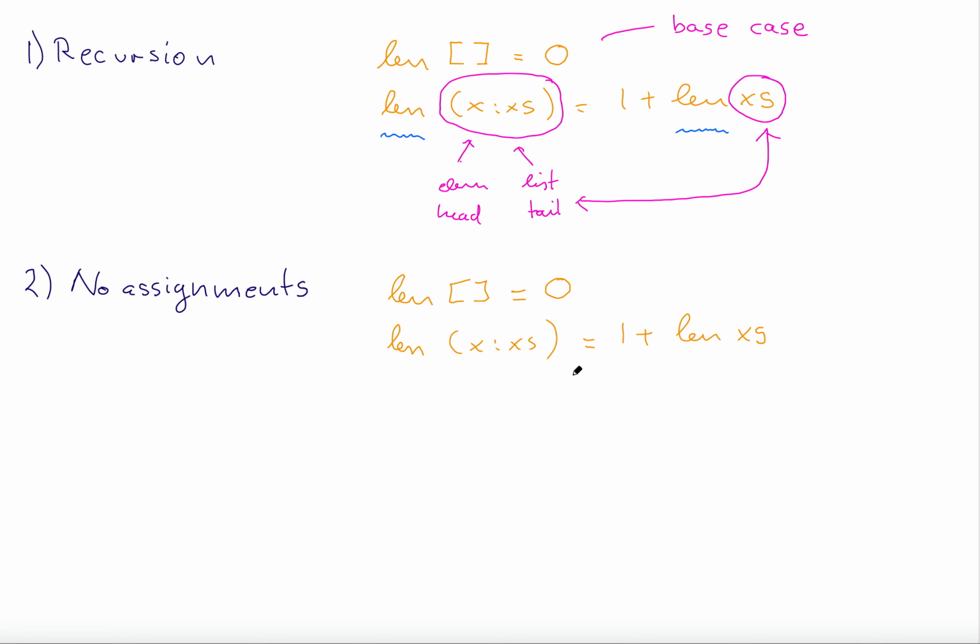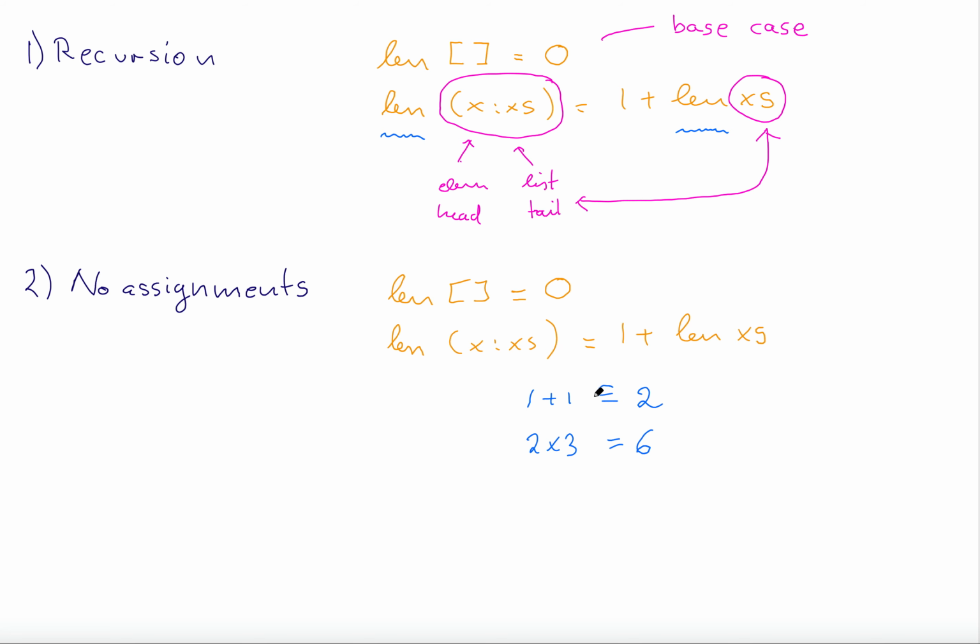Really we should think about these equations as we think about equations in high school algebra. If we see an equation like 1 plus 1 equals 2, or 2 times 3 equals 6, this just states true facts about arithmetic.